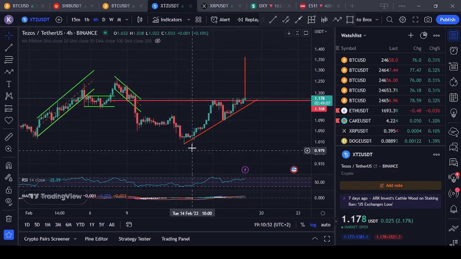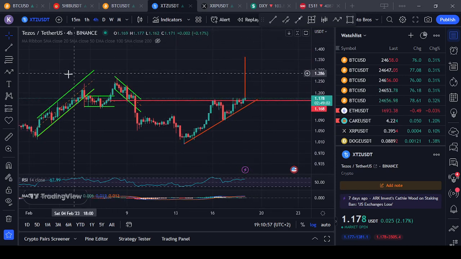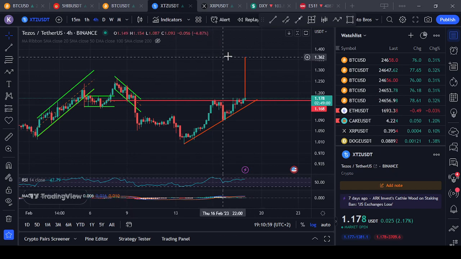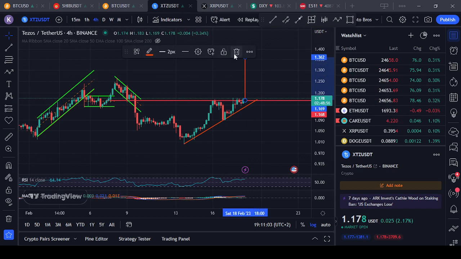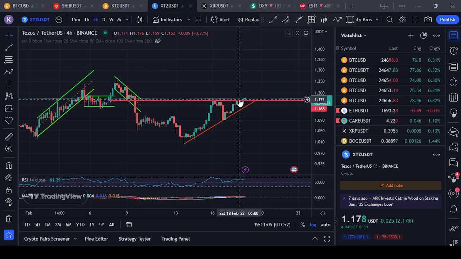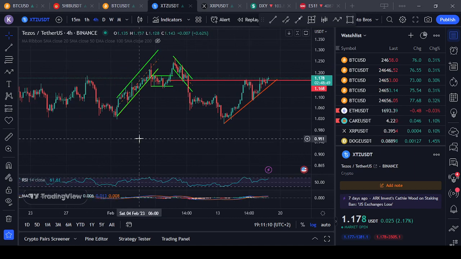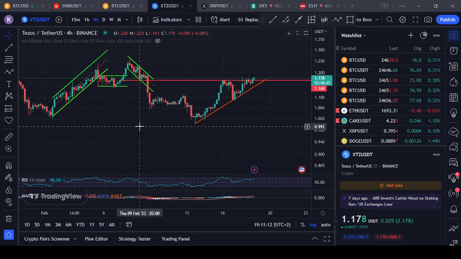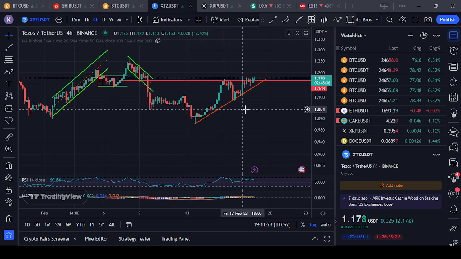So if it confirms a breakout, retests, and then moves up, the target would be around this area. It might be fully met, might not, might push a bit higher, but again, nothing is 100% when we are doing our technical analysis. We're always relying on probabilities, and we're always trying to get that extra 1 to 5% in our favor.